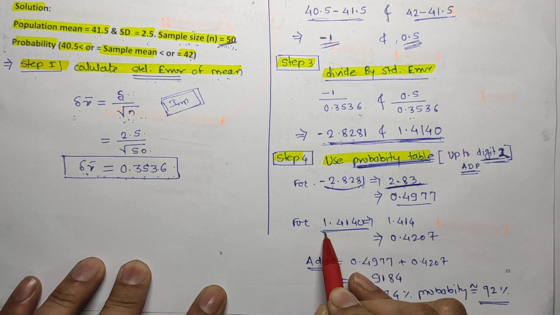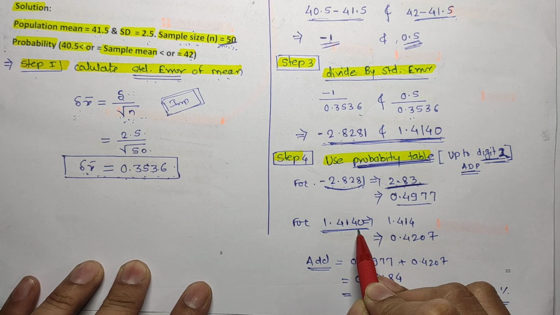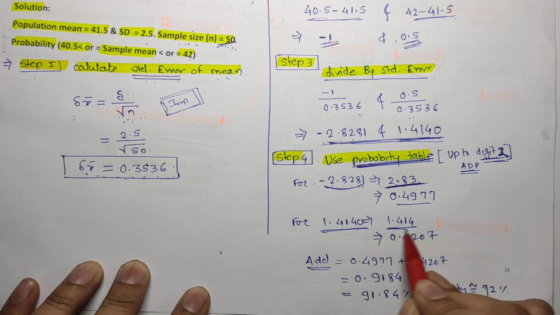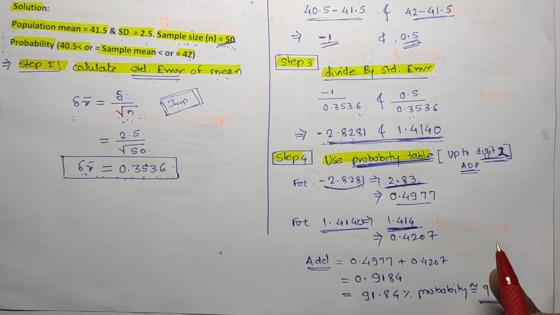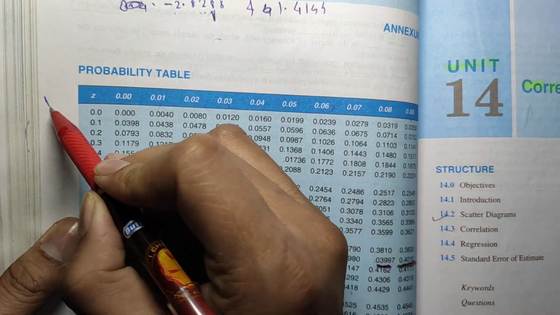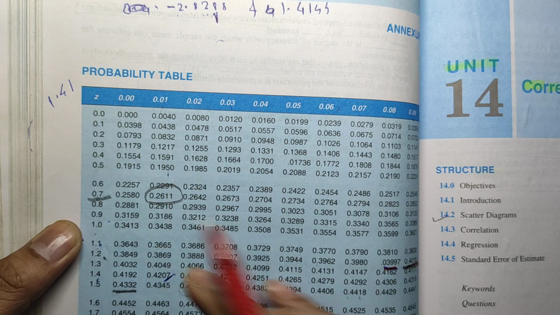Similarly, we have to find the z value for 1.4140. Up to two digits after the decimal point, so 1.41. See here, 1.41 we have to find. Where is 1.4?